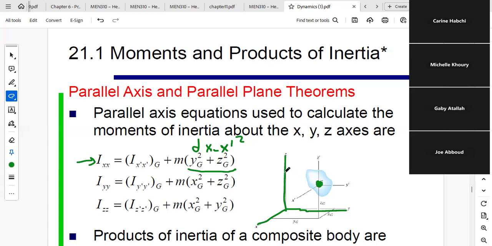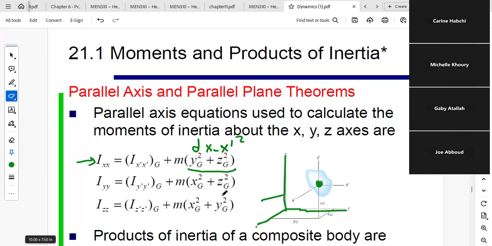You need the distance between the x and x prime axes, and this distance is just obtained by doing yg square plus zg square. The same applies if you want to deduce Iyy. So Iyy is Iy prime y prime plus m times xg square plus zg square.